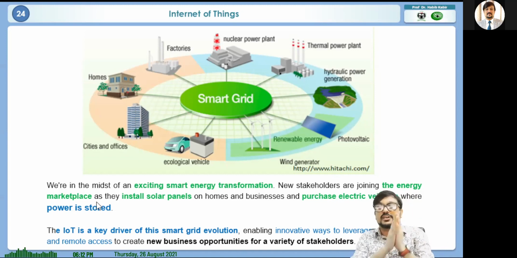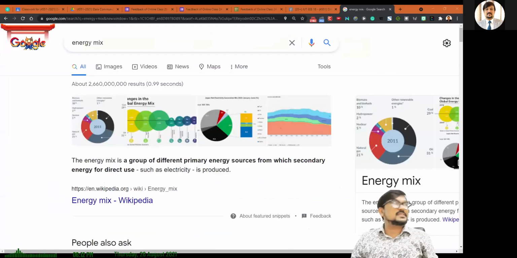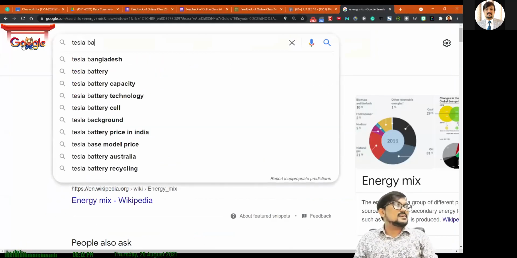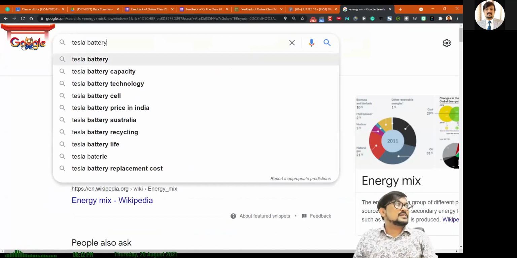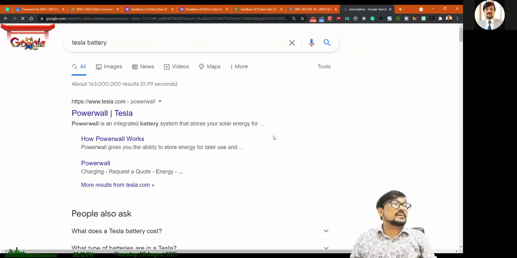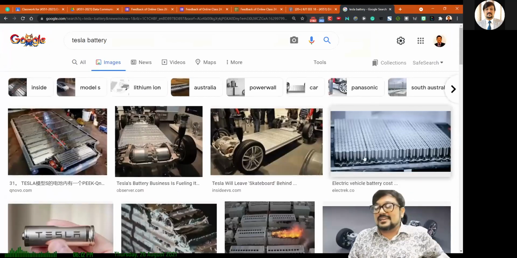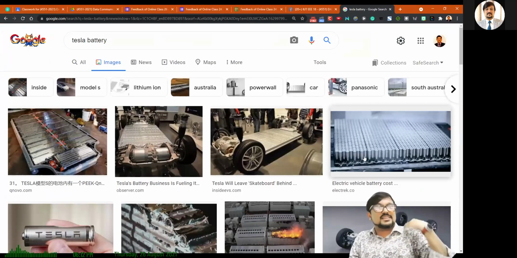You can just search Tesla battery. The Tesla battery with graphene is there at tesla.com. Just look at the Tesla batteries. These batteries are something else, with graphene and other things.